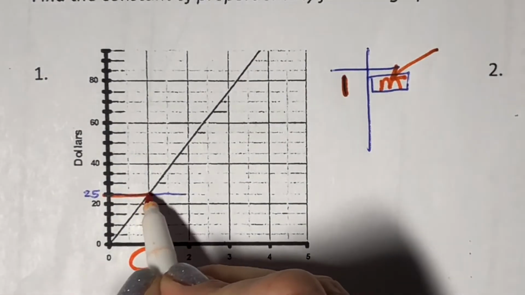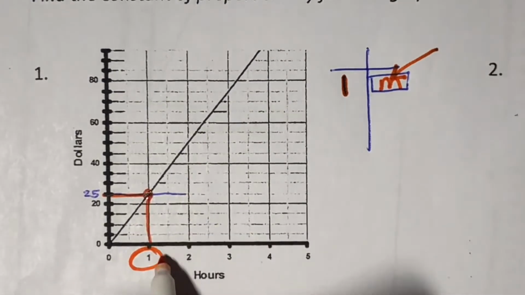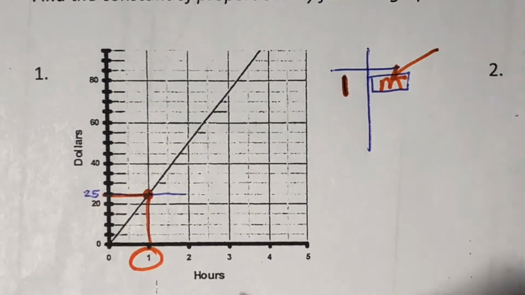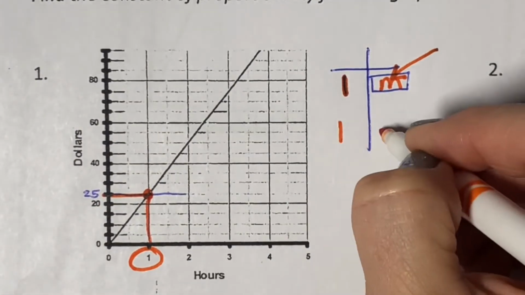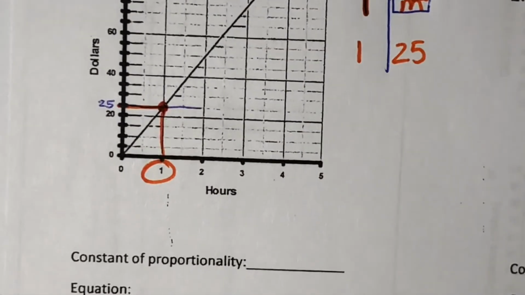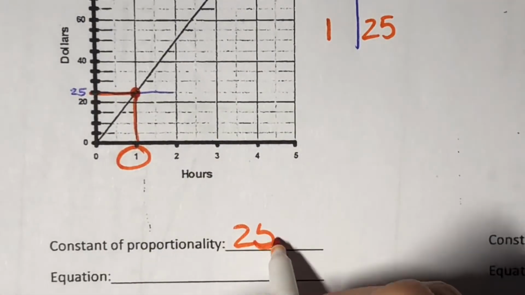And because this line of this graph met at a perfect point where 2 lines crossed and I followed it over, I know for a fact that that's how much for 1. So my table would say 1 comma 25, which means for 1 hour of work, I would earn $25.